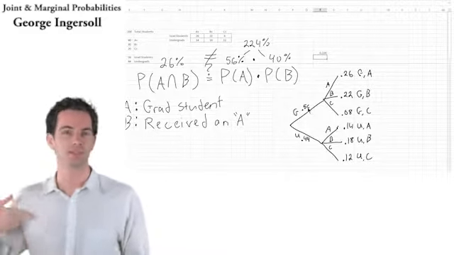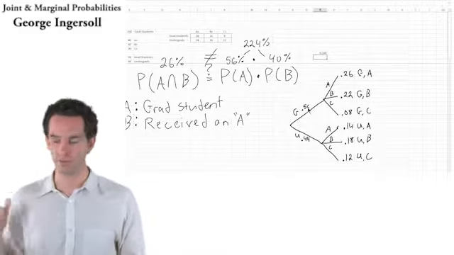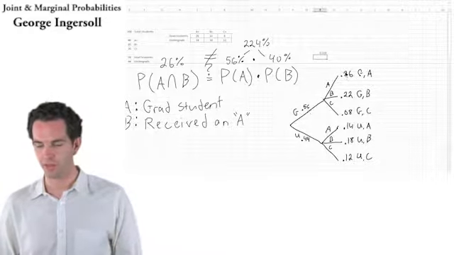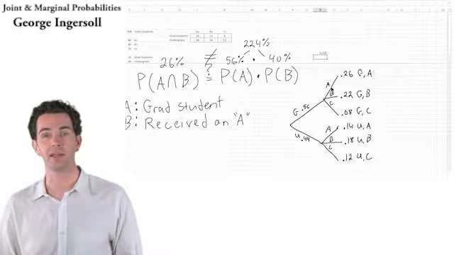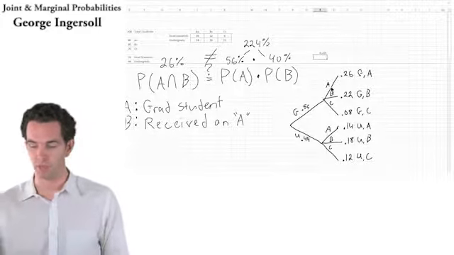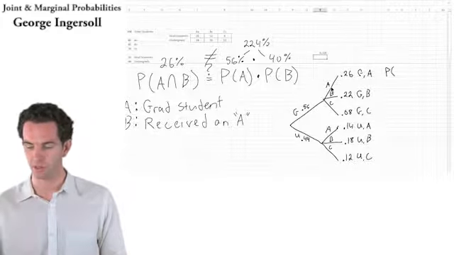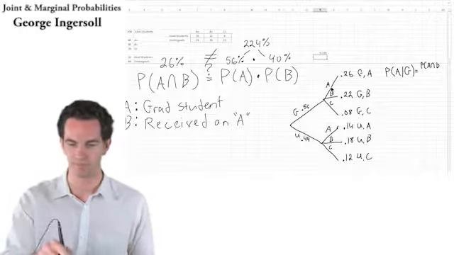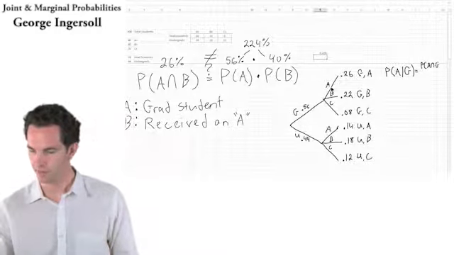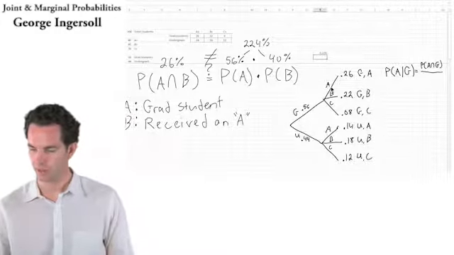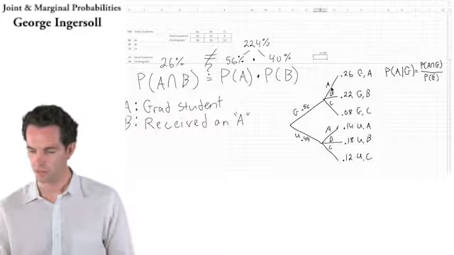Hopefully, many of you are now saying to yourselves, this is conditional probability. If we've defined a graduate, then this is the intersection of being a graduate and earning an A. Remember, conditional probability, the condition here is that they're a graduate, so we're saying probability of A given graduate, that's equal to the probability of A intersection G over probability of G. So what's this going to be equal to?